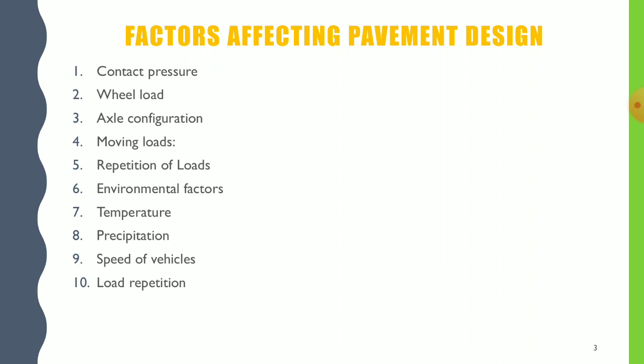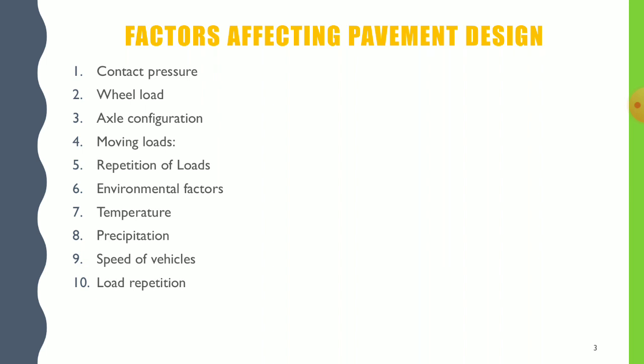When there is a high speed road and the brake is applied, the application of the brake creates a friction force. When the friction force is created, it gives a stress to the surface layer. So when the load is repeated at the same point, with application of brakes or application of force, the surface layer gets affected due to the speed of vehicles and load repetition.